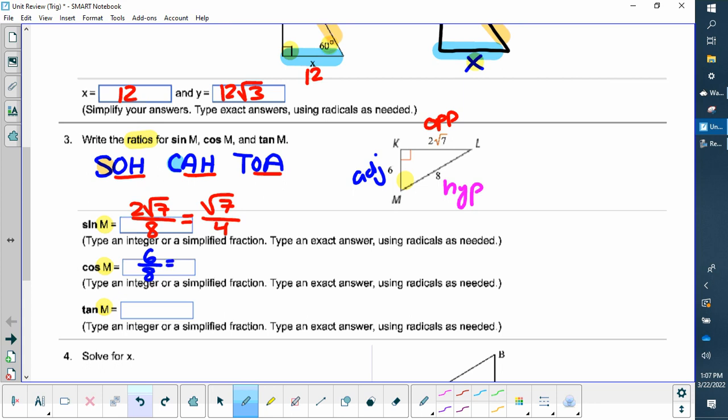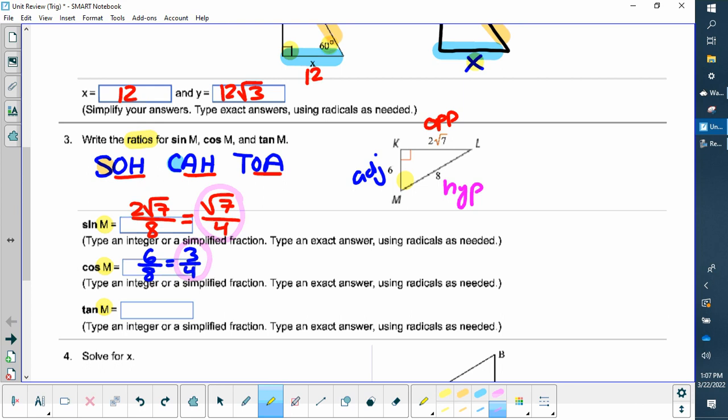Okay, 2 goes into both of these numbers. 2 goes into 6 3 times, 2 goes into 8 4 times, and there's my final answer. Okay, I'll go ahead and circle my final answers here. So this is the sine, this is the cosine, and then last but not least, tangent.